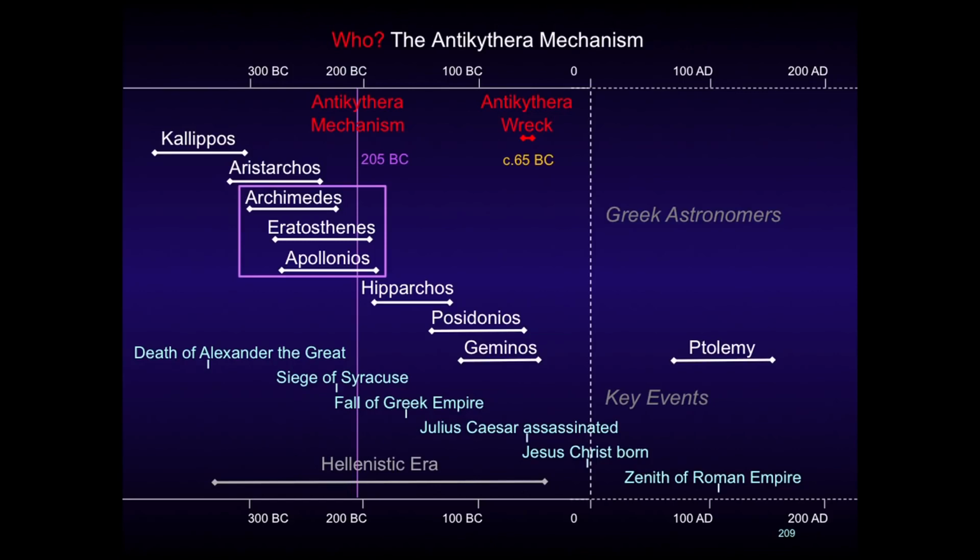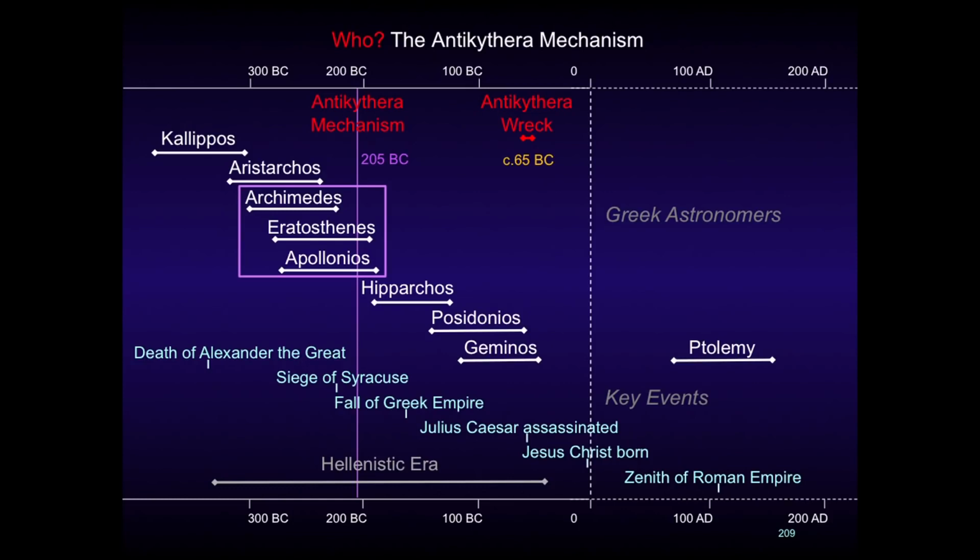Archimedes was dead by just 7 years with this date. My own belief is that Archimedes probably started the tradition of making these devices. We can't be certain of that, but the Cicero description is very remarkable.